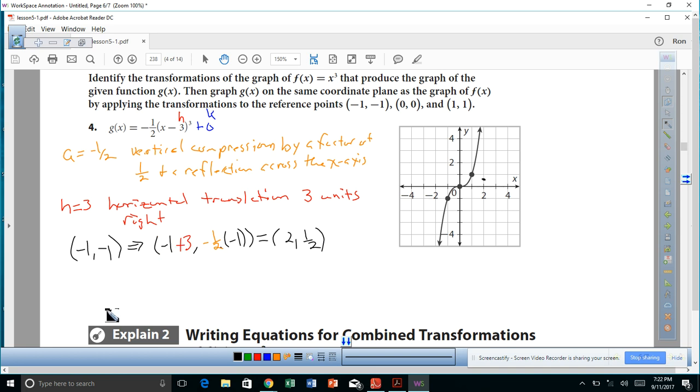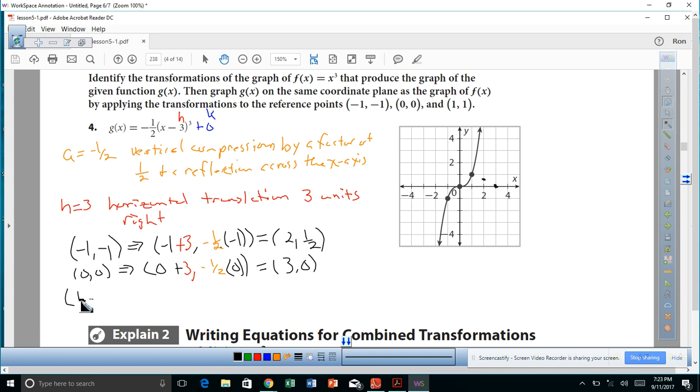Okay, and then we have 0, 0. And that's going to become 0 plus 3, and -1/2 times 0. And that's going to give you 3, 0. So let's find 3, 0, going to be right there. Okay.